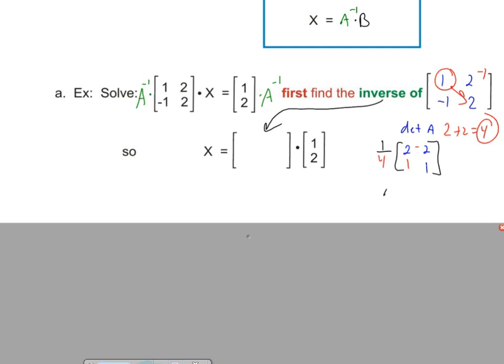If we're calling this A, this is A to the -1 that we're going to end up with. So a 1/4 times 2 is a 1/2. And a 1/4 times a -2 is -1/2. And a 1/4 times 1 is a 1/4. And a 1/4 times 1 is a 1/4. All right, and that is our inverse matrix.